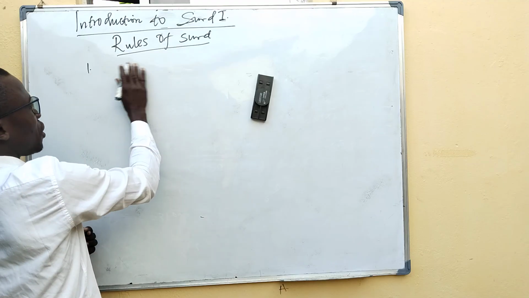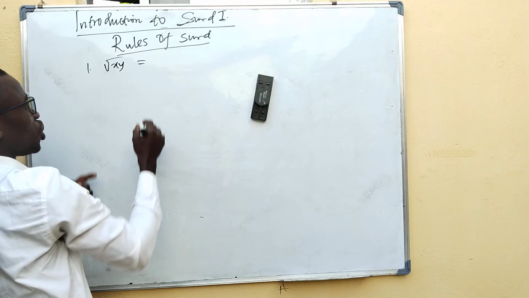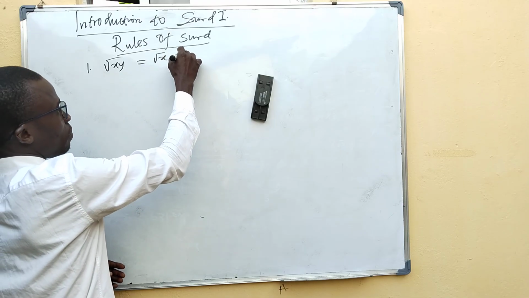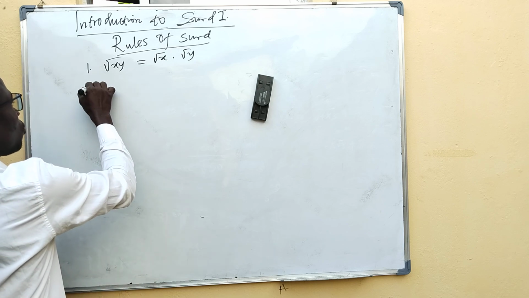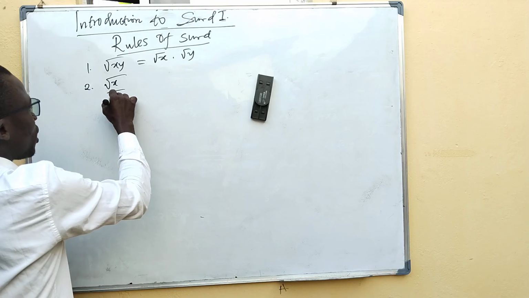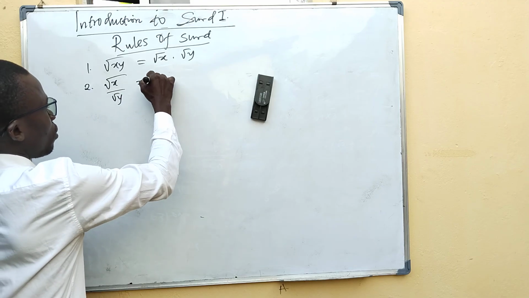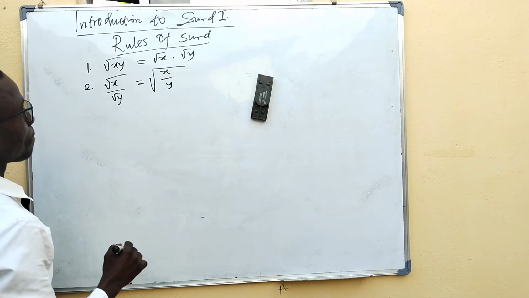Number one is square root of x times y, which is multiplication. It gives us square root of x multiplied by square root of y. Number two, square root of x divided by square root of y, what will it give us? Square root of x over y.